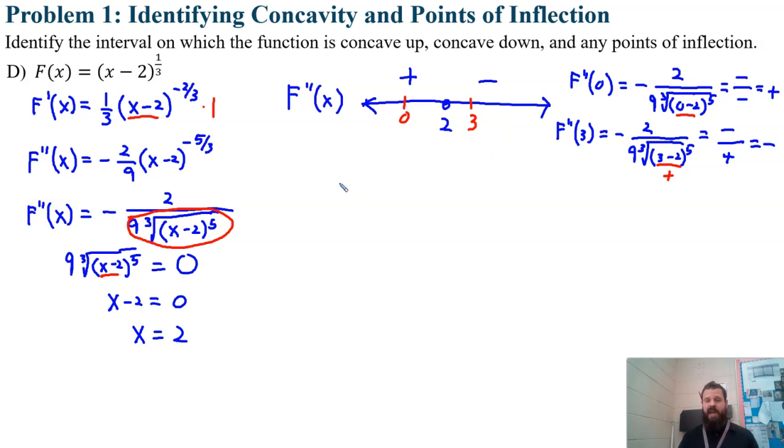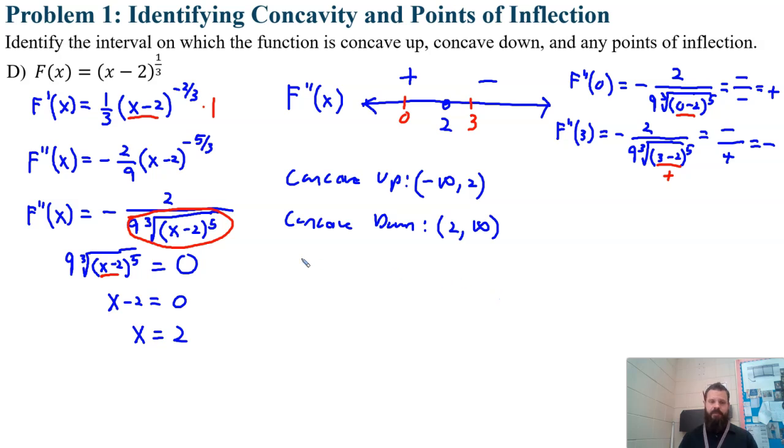All right, so as far as concavity goes then, we know it's going to be concave up where that second derivative is positive, so everything below 2, negative infinity to 2, in other words. It'll be concave down for everything above 2, where that second derivative is negative. And then for the points of inflection, okay, this function did switch concavity at 2.